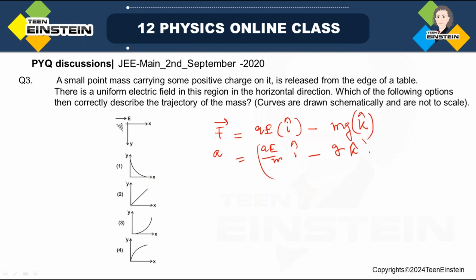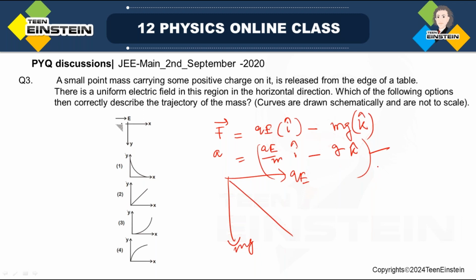So this is the acceleration, which is a constant acceleration. If this is the QE force and this is the mg force, from here itself we can understand.